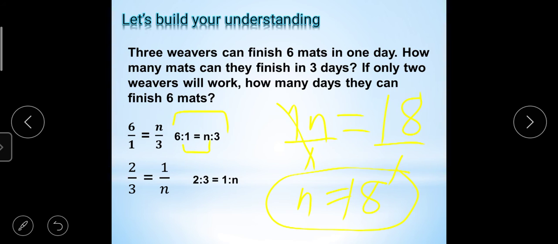So, ibig sabihin, yung tatlong weavers, makakagawa sila ng mats na 18 pieces in 3 days. Okay, this one is the answer for the first question.